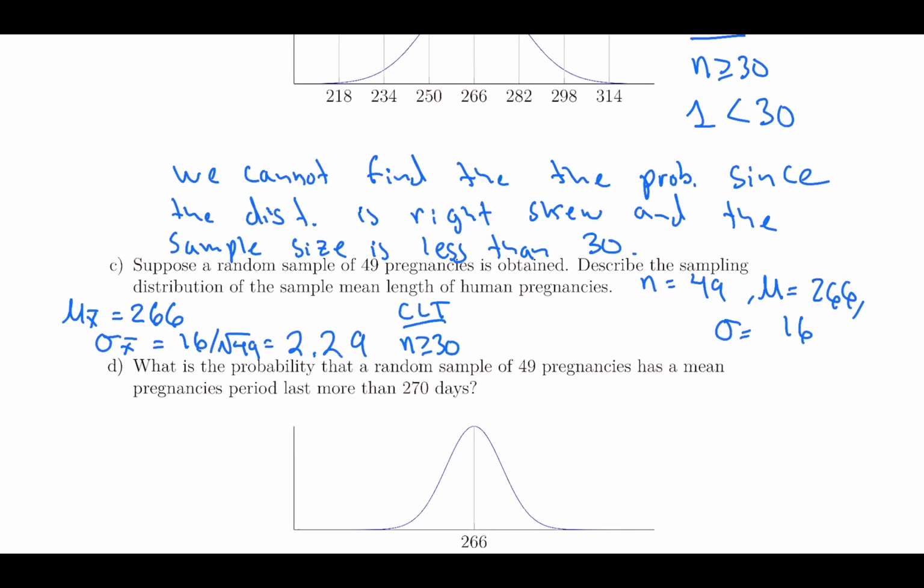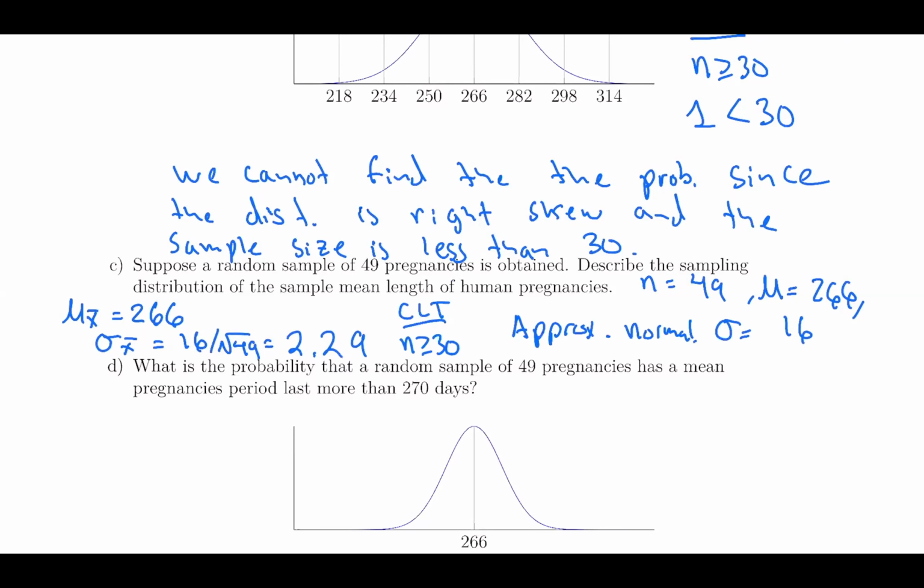So since our n, which is 49, is greater than or equal to 30, we could say that this is approximately normal. So you've got to be careful with that.